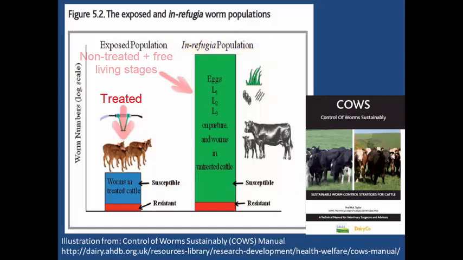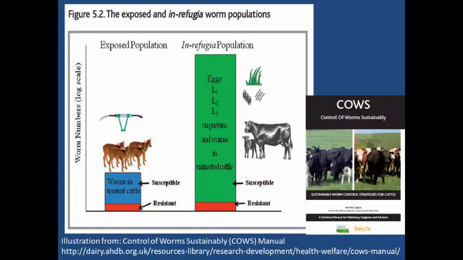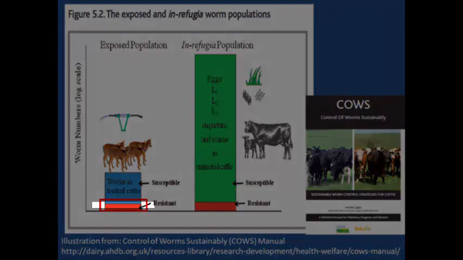On this illustration, which is taken from a recent manual entitled Control of Worms Sustainably, we see that when we use a drug for the first time, ideally selecting those animals that are more heavily parasitized, which may only be like 20% of the entire flock or herd, there may be a few resistant parasites, which are represented here with the red line.